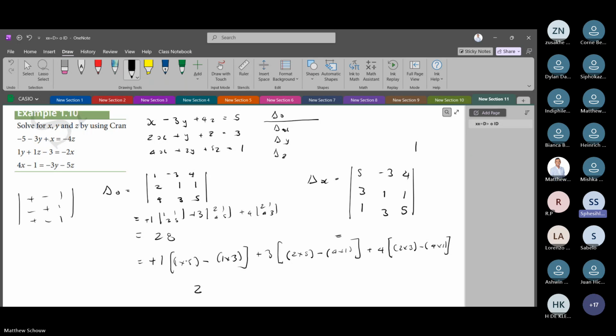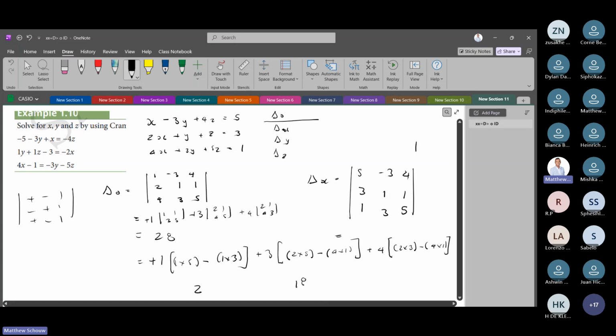You see what I'm saying? I'm not sure where you changed your signs. Are you good now? Yes, sir. Then this one will be 10 minus 4, which is 6. 6 times 3 is 18, I believe, right? But positive.